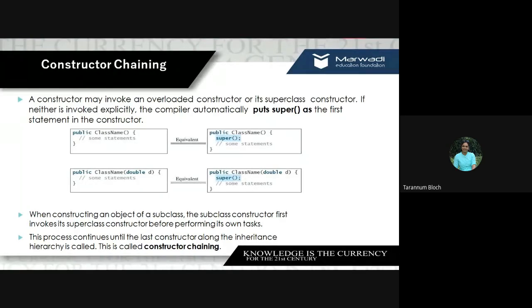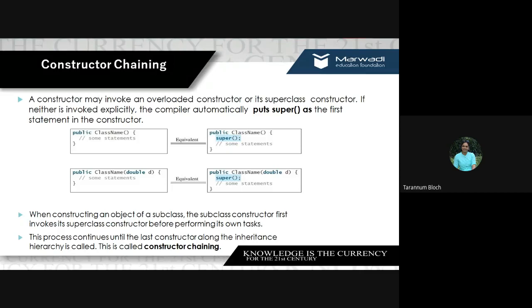At that time, chaining happens. We call it constructor chaining. Constructor chaining is about when you create a child class object, it will create the memory space for the parent class also.